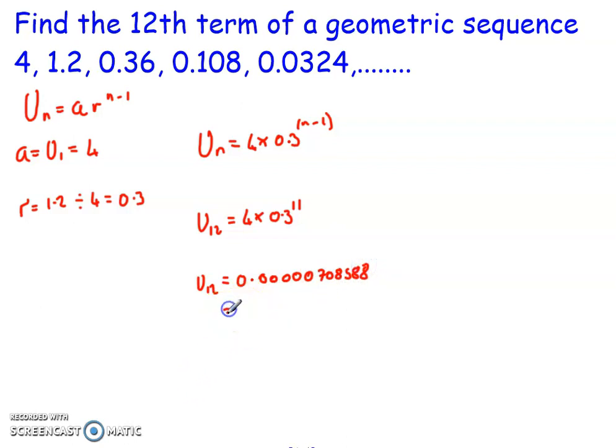Some calculators will come up with 7.08588 times 10 to the negative 6, representing it in scientific notation. Either version will be fine unless a question asks you for a specific format. Job done. So there's the 12th term of that sequence.